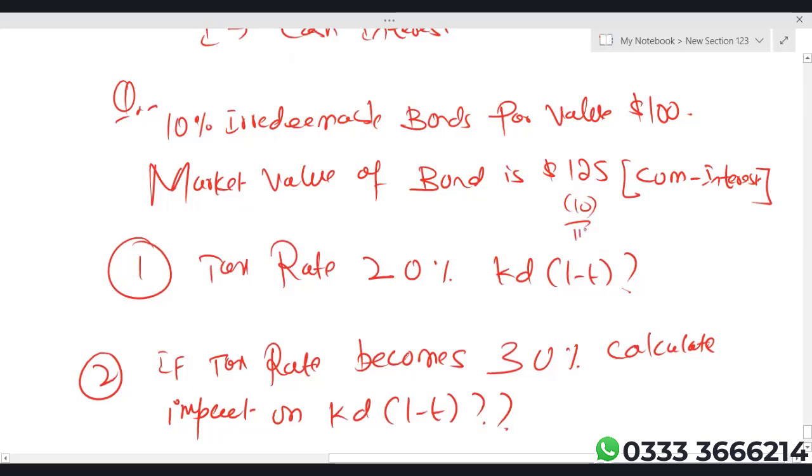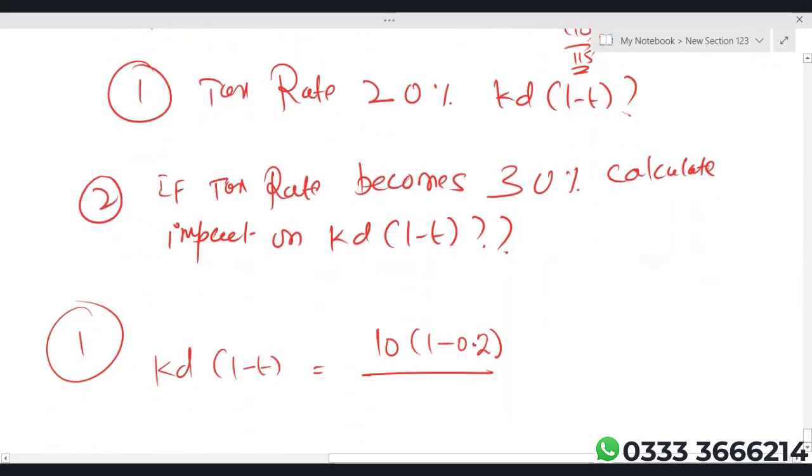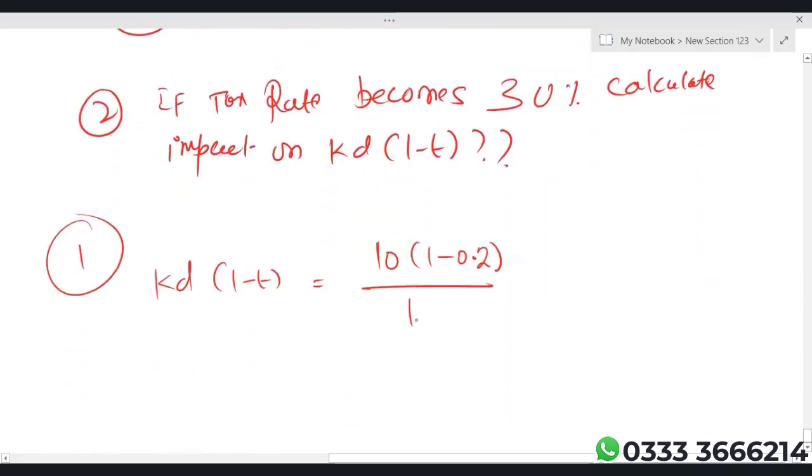It becomes ex interest 115. Let's see what we are getting. 6.956%.